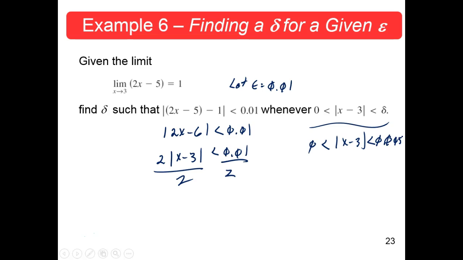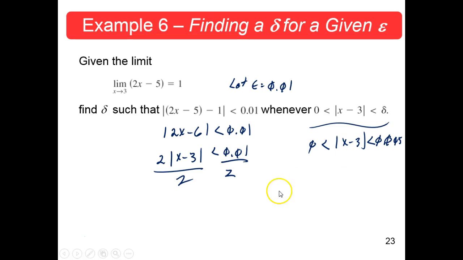Because when you divide 0.01 by 2, you get 0.005. If you want it within 0.01, choose a delta of that. If you want it within 0.0001, really close, add another 0 there. Just take half of whatever your epsilon is. In this problem, that will give you your delta. That doesn't work on all problems. Now there are some that will be a lot messier than that.